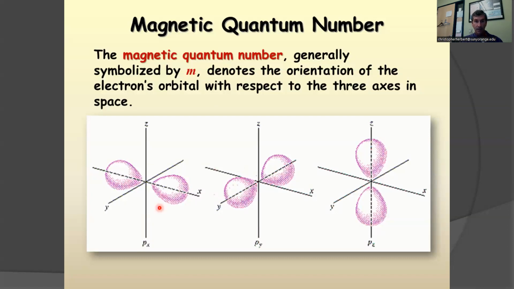And again, if we picture our magnetic quantum numbers, here is our p orbital. We can see that it can be oriented with the x-axis, the y-axis, or the z-axis. And this gives us ML +1, ML -1, or ML equals 0.